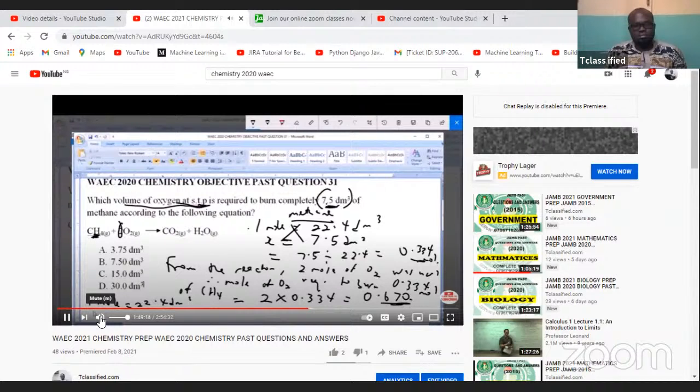So 0.670 is equal to unknown volume. Again, if you cross multiply, the unknown volume is equal to 0.670 times 22.4 km cube, and that is approximately 15.0 km cube. 15.0 km cube is option C. Option C is the correct answer to this question. Okay?